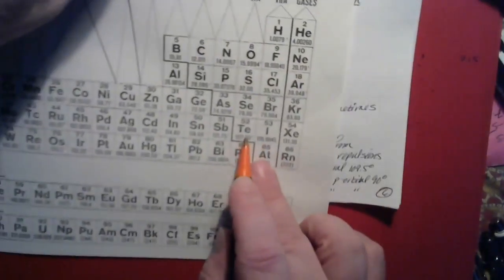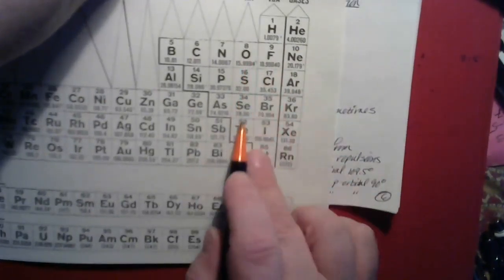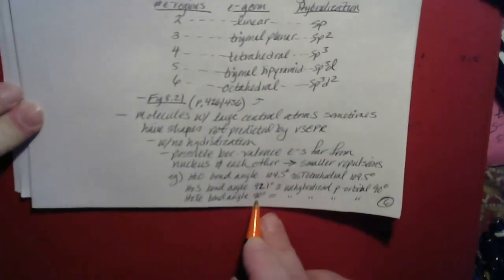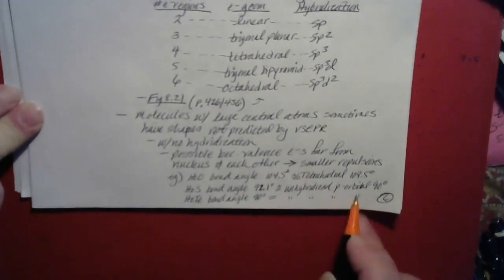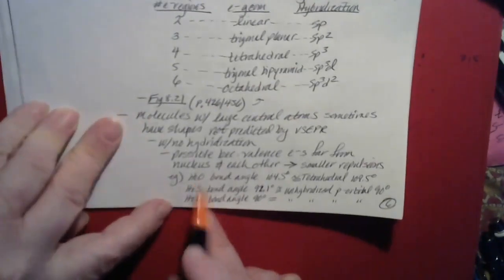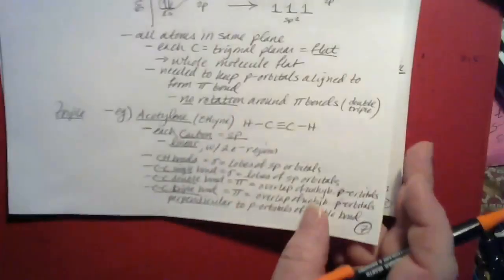If you go down to H2Te, tellurium is in the same group as oxygen and sulfur. It's just a little bigger. The bond angle is 90 degrees, exactly what we would expect from an unhybridized p orbital. So apparently by the time you get down to tellurium, there's no hybridization involved in that molecule at all, even though H2O is sp3 hybridized, which is just an interesting thing to keep in mind.